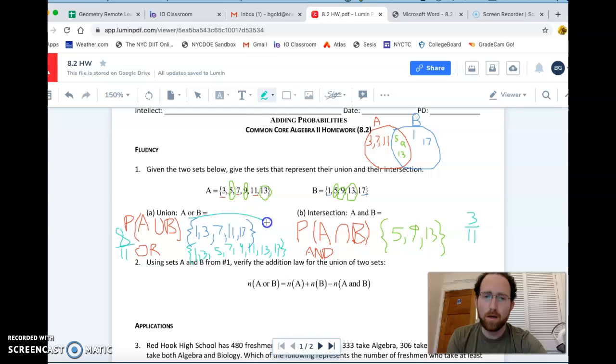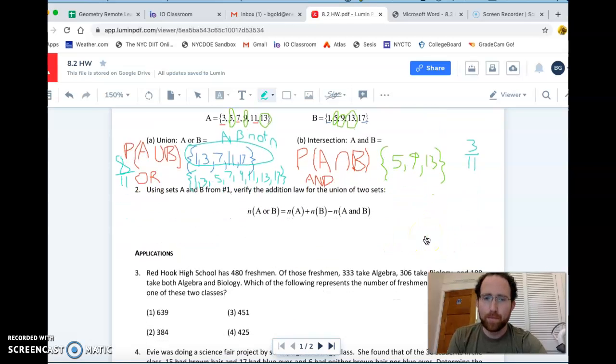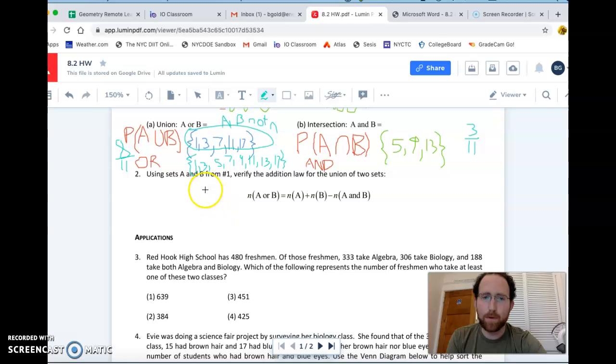This was me just letting you know what numbers from A and B weren't overlapping. Those were the ones in the intersect. So we have the union here, and we have the intersection here. Now, let's go on to the next part.